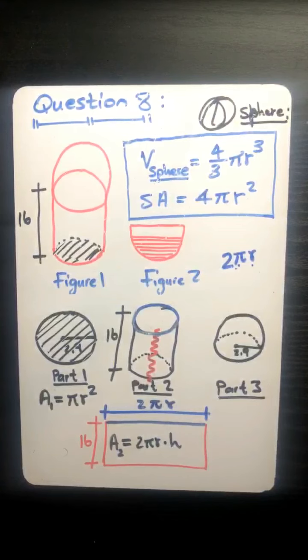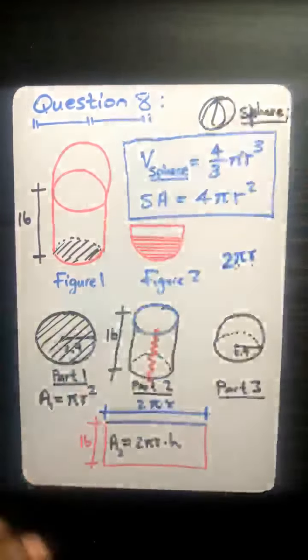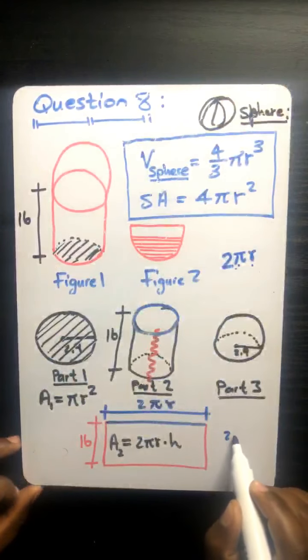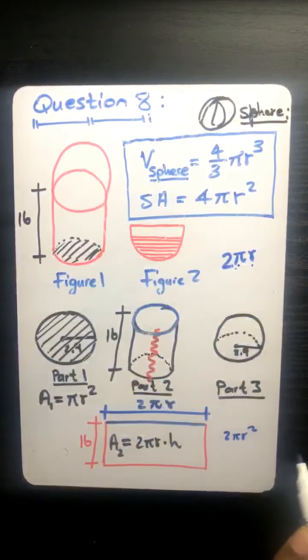Sir, I think it's 2 pi radius squared, sir. Let's see. You're saying 2 pi r squared. Is this what you said, honorable member?